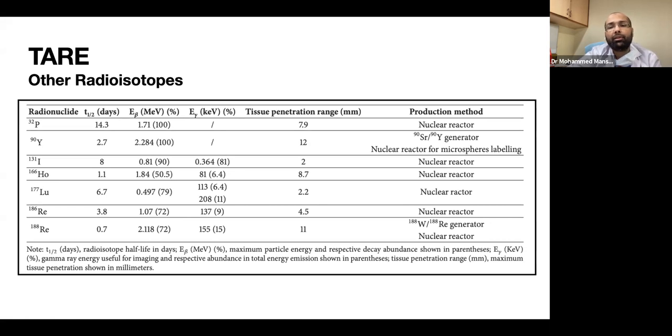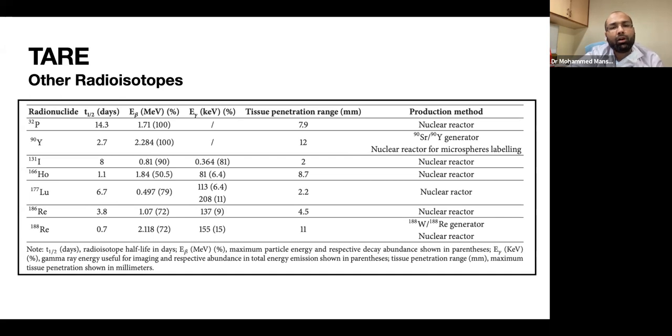Other isotopes that have been used in SIRT or TARE are phosphorus 32, iodine 131, holmium 166, lutetium 177, rhenium 186, and rhenium 188. Now, in this table, one point to observe is that you have a gamma ray emission of these isotopes here, whereas phosphorus 32 and yttrium are pure beta emitters.